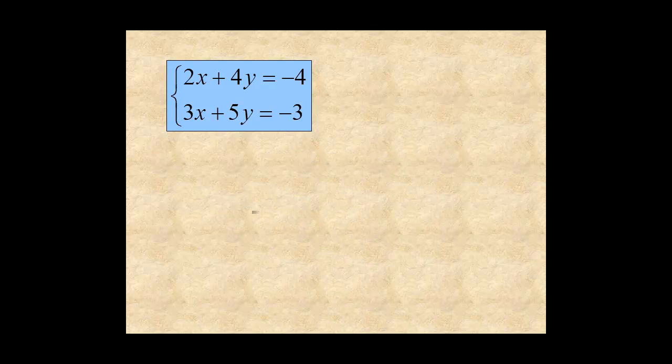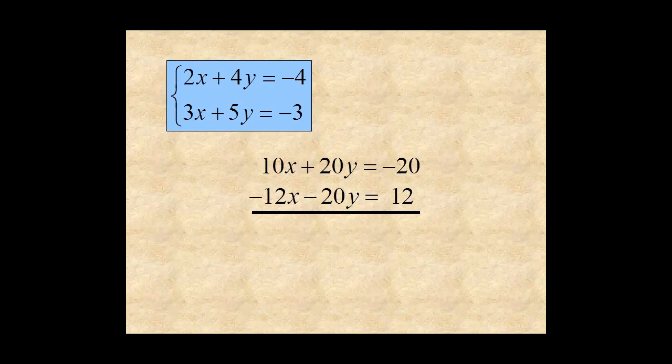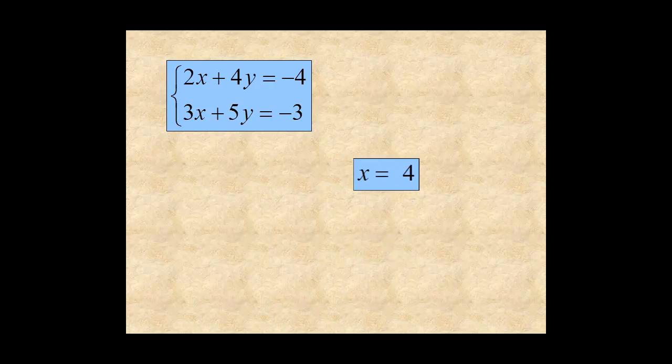When you add the equations together, the y variable is eliminated, and you have -2x equals -8. Divide both sides by -2 to get x equals 4. Next, substitute x equals 4 into either of the original equations. For this example, let's use the first equation.